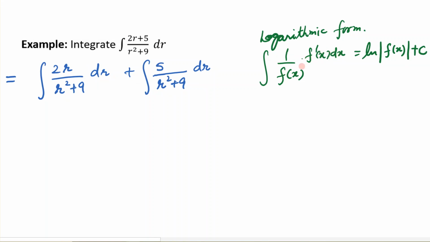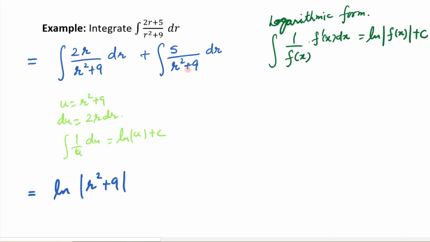Then the integral is ln of the absolute value of the function plus constant. So using that, for the first integral, we have the logarithmic form. So the answer should be ln of r square plus 9 plus c. I'm just going to write the constant only once.